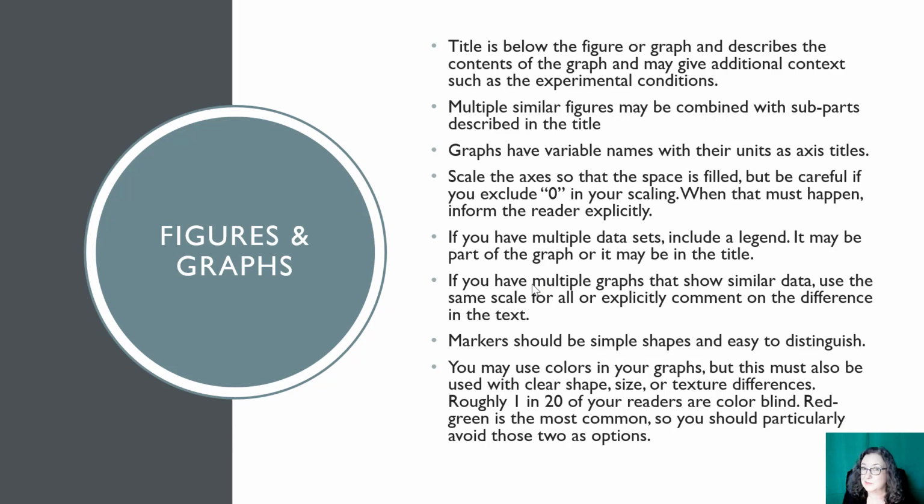Engineering tends to be a little bit more masculine. So be aware of color blindness, and always give not just color, but also a texture difference so that your reader will be able to see your graphs clearly. Red-green is the most common combination to avoid. So particularly try to avoid those, but that's not the only kind of color blindness.